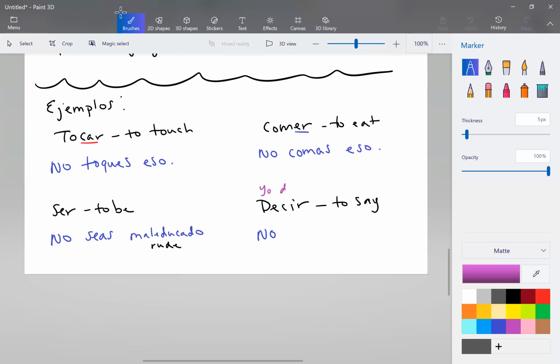Digo. And it's an IR verb. So what would the tú command be? Digas. Muy bien. Okay. So we have an irregular yo, we had a car verb, we had an irregular verb, we had a regular verb. Can anyone think of more examples, or do we want more examples right now? No, we're good? Yeah.